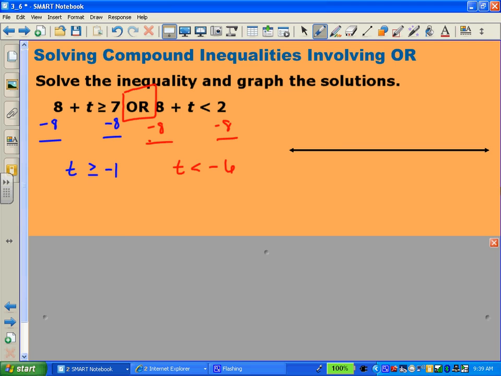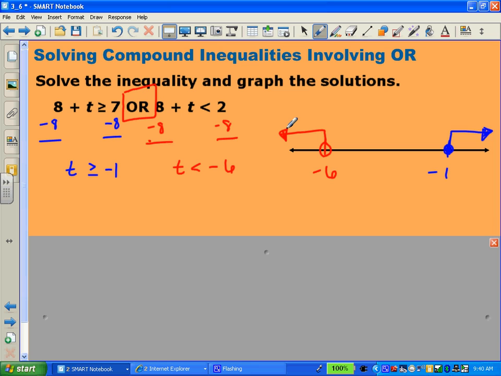Alright, so let's graph these. I got -6 here, and it's less than -6, so that means I'm going to have an open circle to the left. And then I got -1, and it's greater than or equal to -1, so I'm going to have a closed circle to the right.